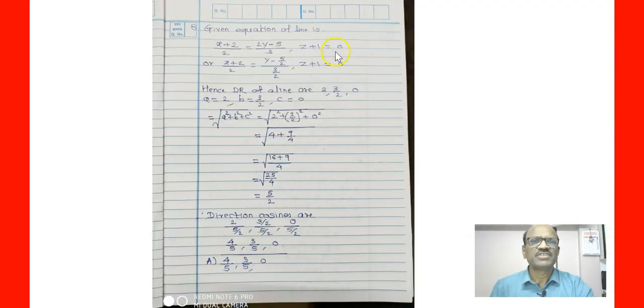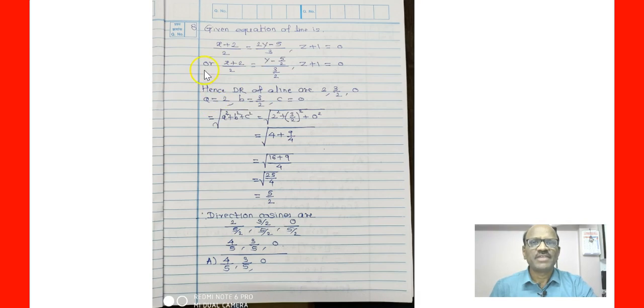Now see this, the given equation is (x plus 2) upon 2 is equal to (2y minus 5) upon 3, and z plus 1 is equal to 0. It is written in this manner, and hence the direction ratios of the line are 2. Make the coefficient of y, here 2, as 1, therefore divide numerator and denominator by 2. Also we write in this manner.